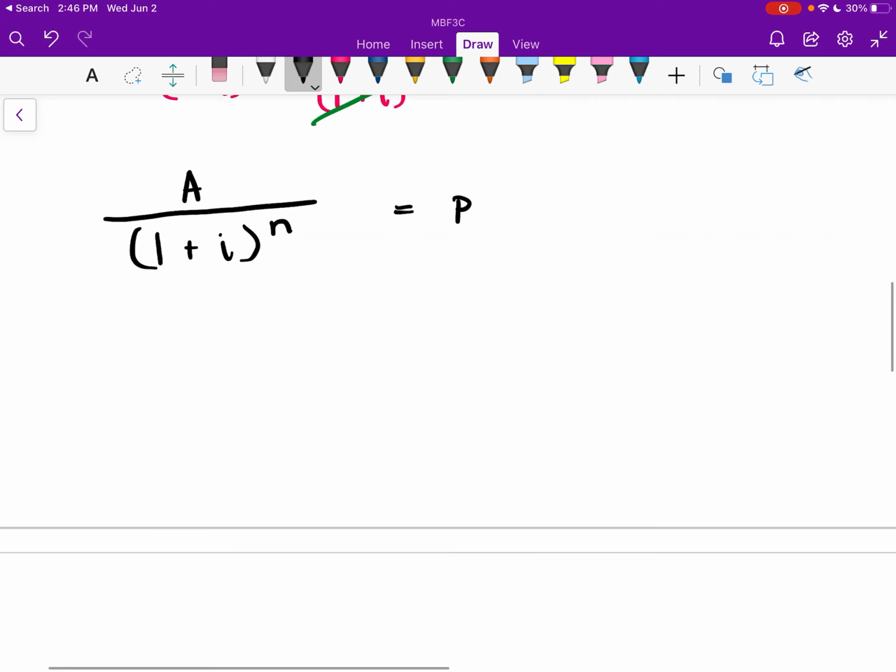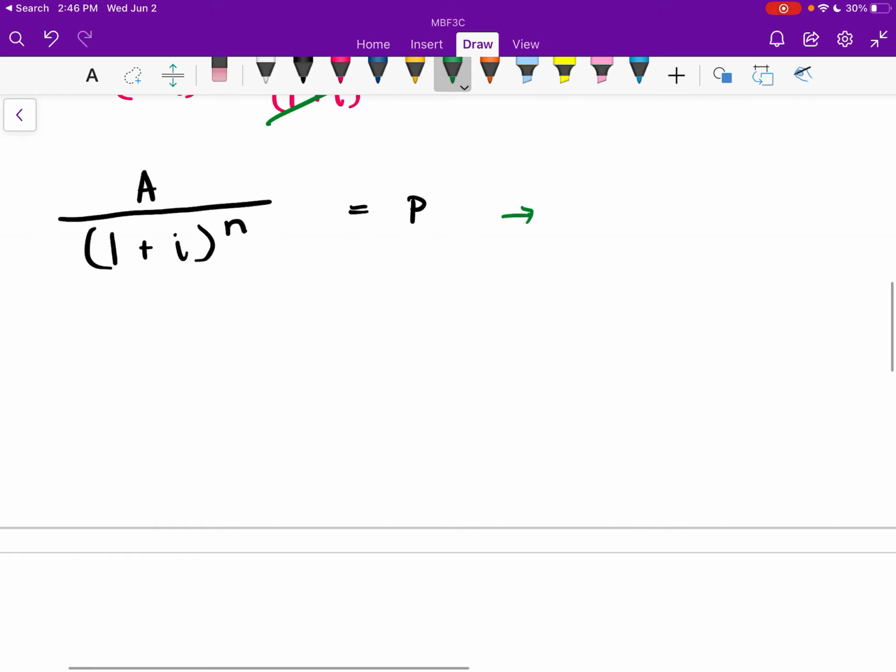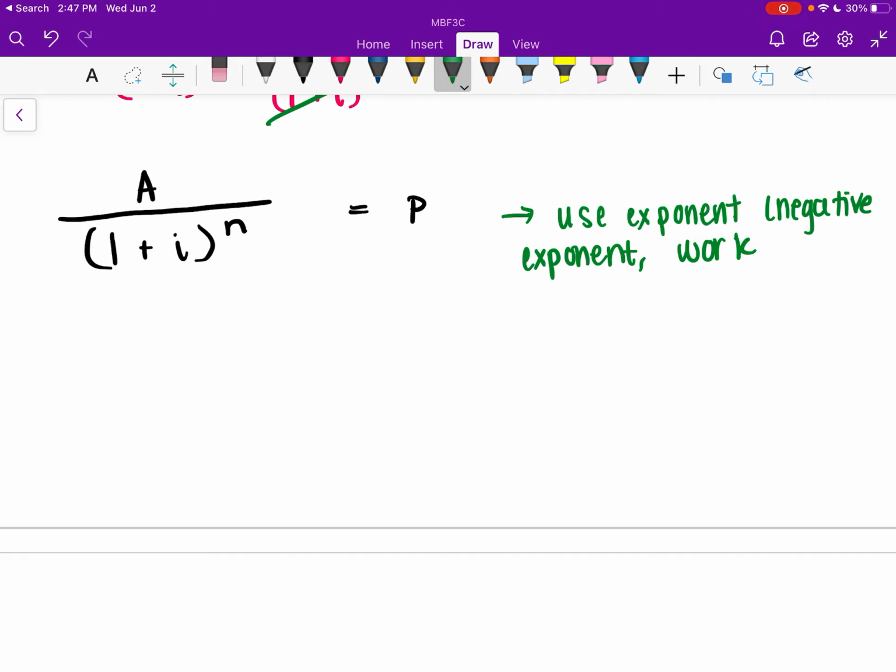And if I want to make this even easier for myself, I can use my exponent rules, right? So let's use my exponent rules, and the negative exponent rule particularly, and work backwards. So we know when there's a negative exponent, we put it in the denominator, right? So if I want to put it back in the numerator, I know that this exponent is to the positive n.